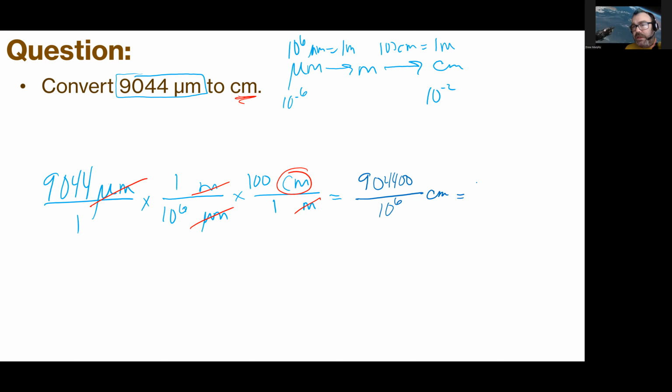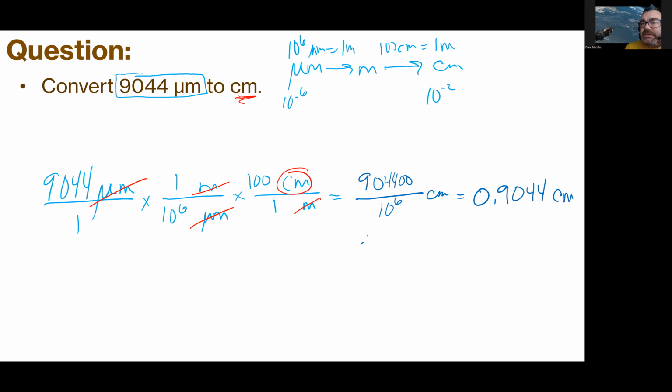Some of us might be able to do that in our head, not me. That's fine. I'm going to tell you a trick I just did here in a second. We get 0.9044 centimeters.